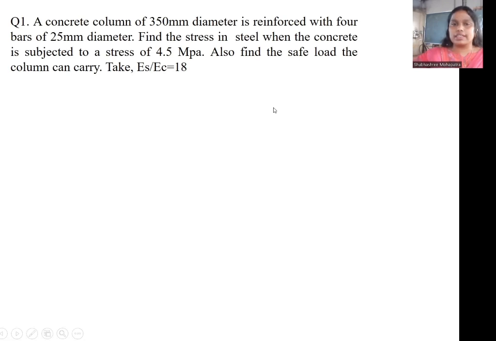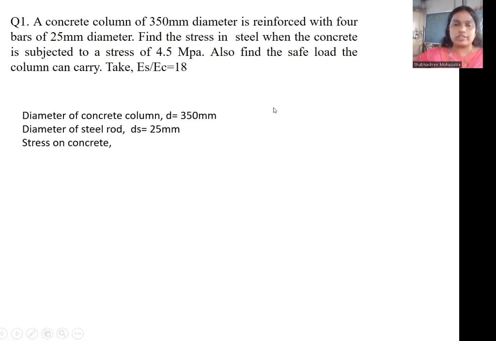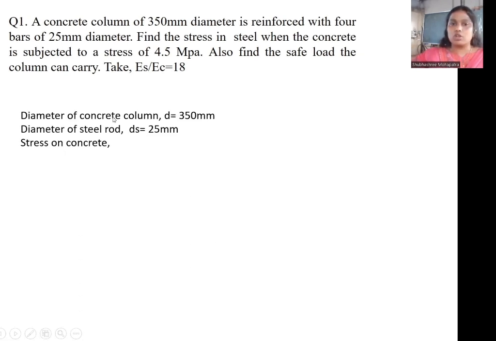So according to the given data, the diameter of the concrete column is 350 mm, the diameter of the steel rods is 25 mm, and the stress on the concrete is 4.5 megapascal, which is nothing but 4.5 Newton per mm square. Then the modular ratio is given as 18.